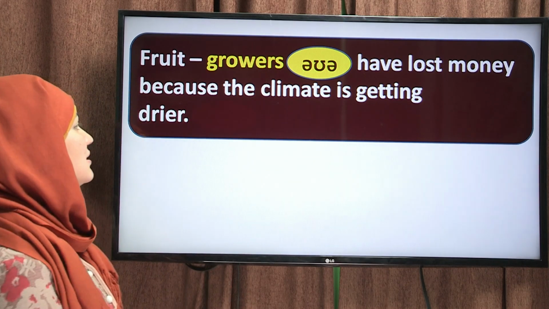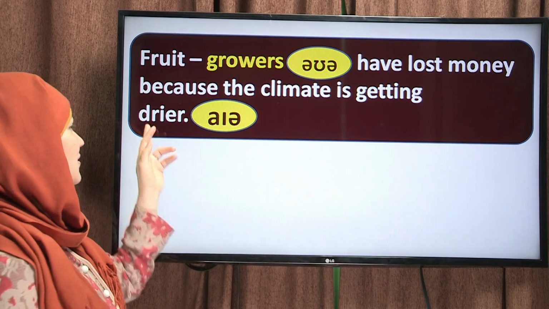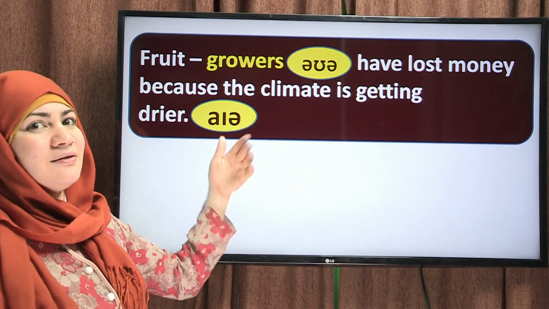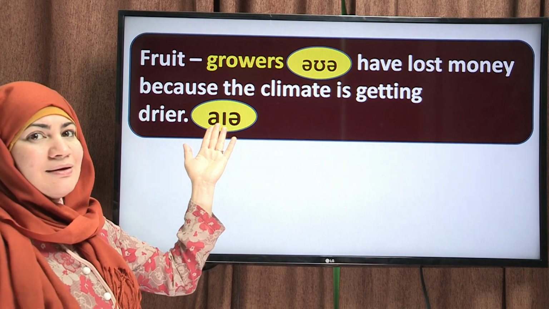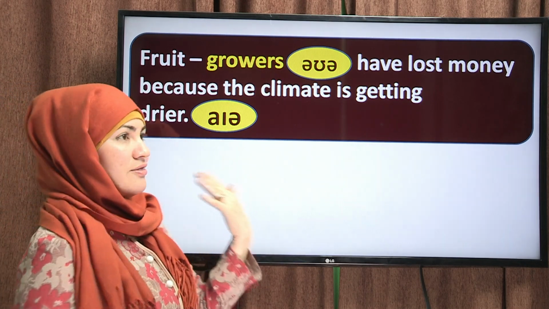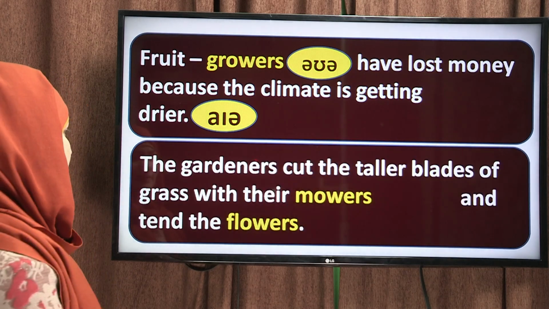Yes, very nice. It is higher. We say higher. Drier, higher. You can see here, higher. Of course, the last exercise, or the last sentence.